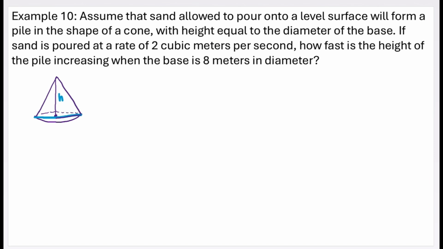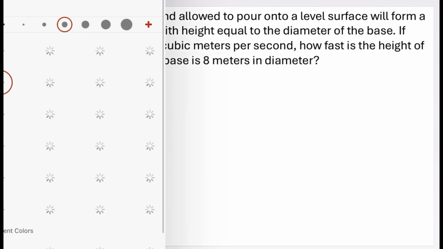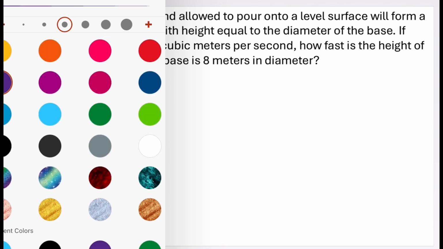Okay, so we have the diameter, which is that whole length. So this is the diameter, and then half of it would be the radius. And I'm going to go ahead and label the radius there because when we set up the formula for the volume of a cone, it's 1/3 pi r squared h. So you're going to want the r as part of it.